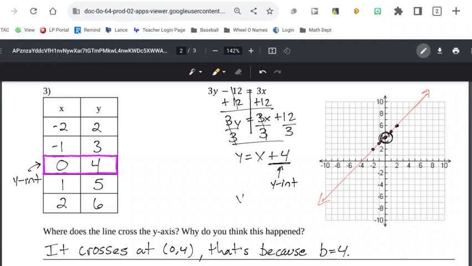For our y equals mx plus b, that's our b. Okay?